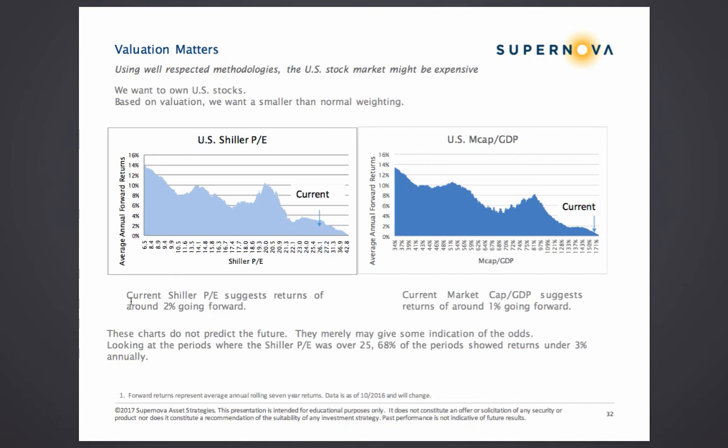Now, these charts do not predict the future, they merely give an indication of the odds, and these are smoothed averages. Looking at the periods where the Shiller PE was over 25, in 68% of the periods, we had returns under 3% annually over the next 7 years.